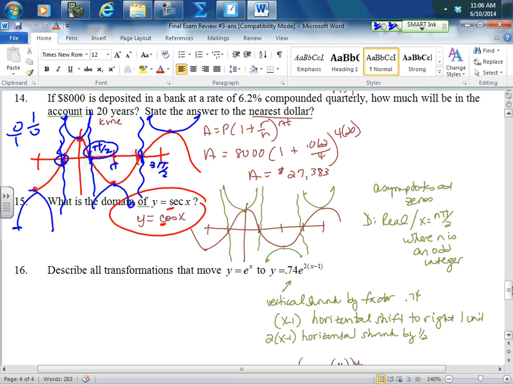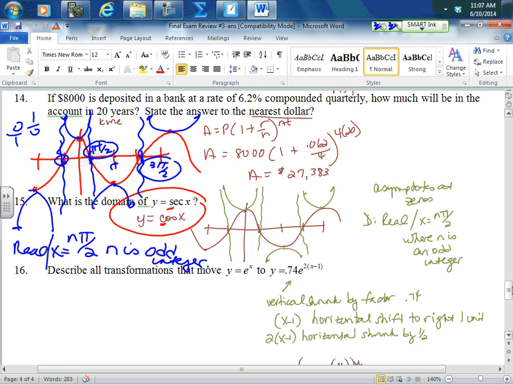I notice on all the odd numbers, so n pi over 2, where n is an odd integer. I can use real numbers, except when that happens to me. Remember doing this? Graph your original function, locate your zeros, because those you can't take the reciprocal of.